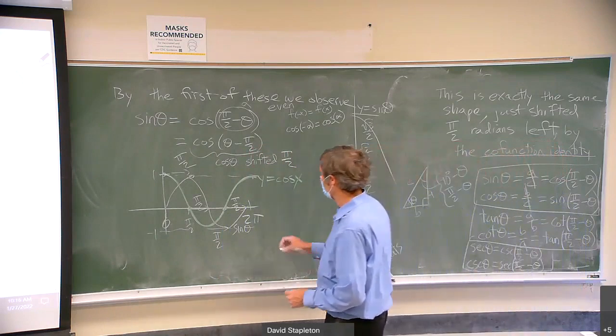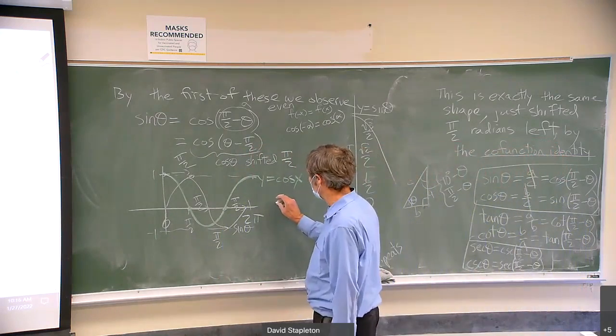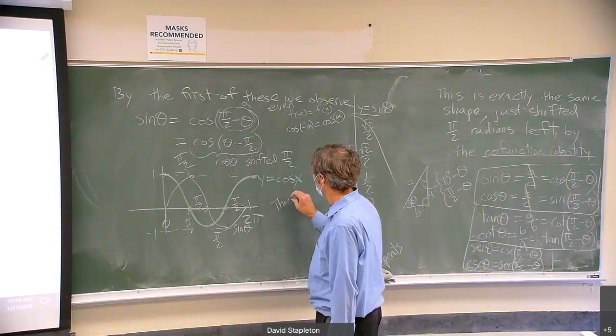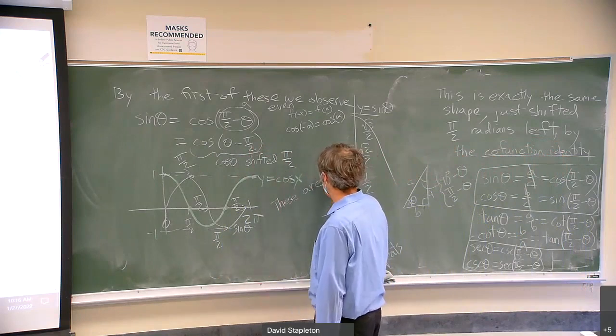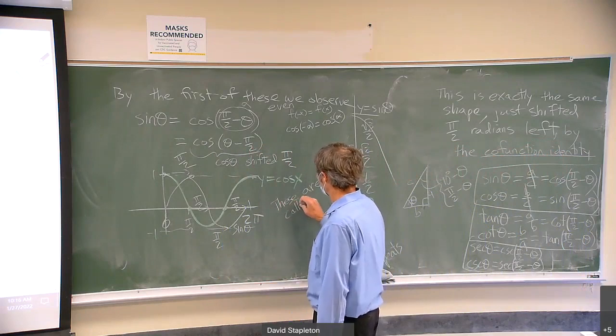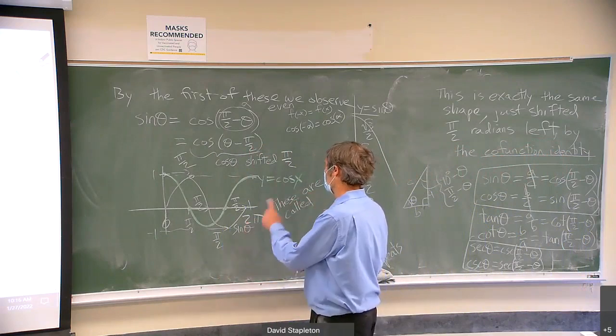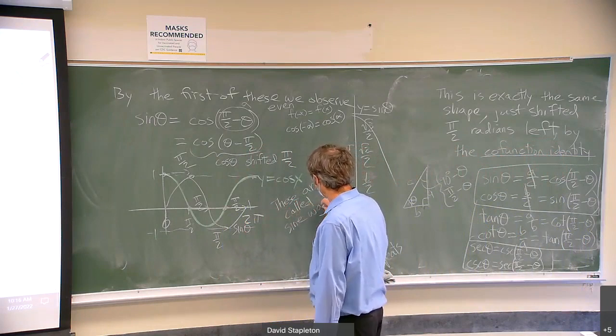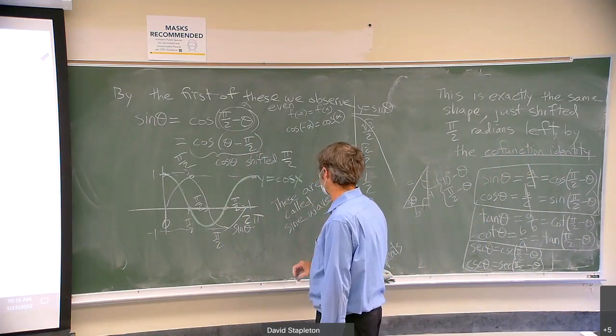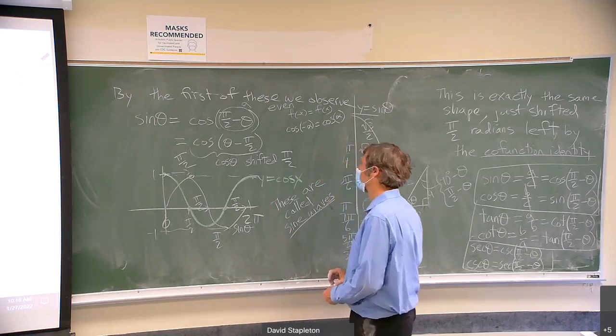For this reason, we call both of these sine waves. They're waves because they repeat a pattern over and over. Since the sine function is a wave, we call it a sine wave. And since the cosine function is the same shape, we'll just call it a sine wave too. Right?